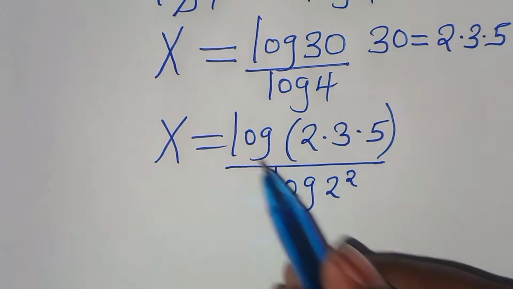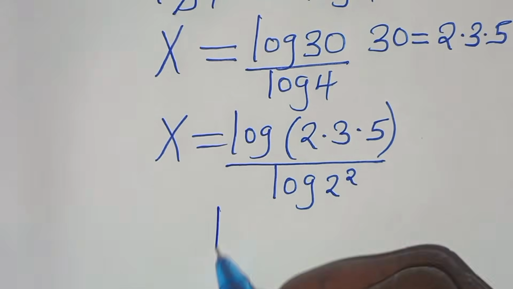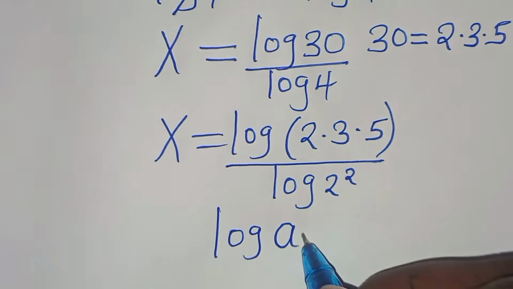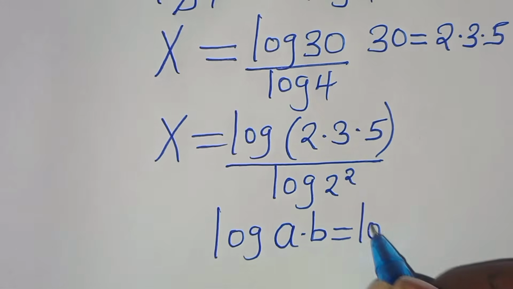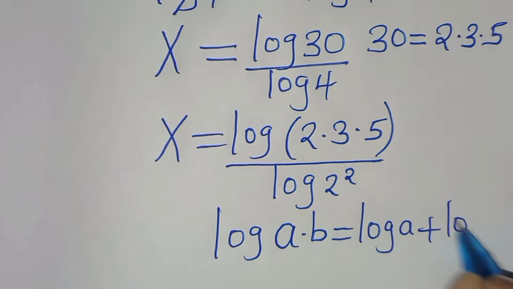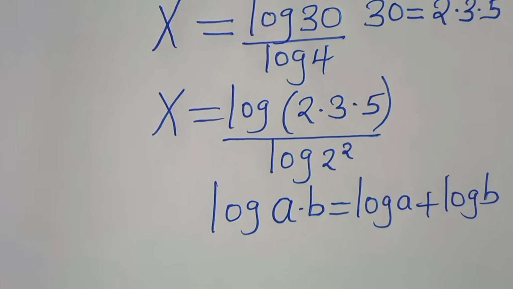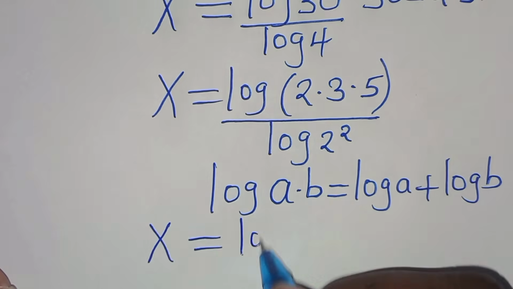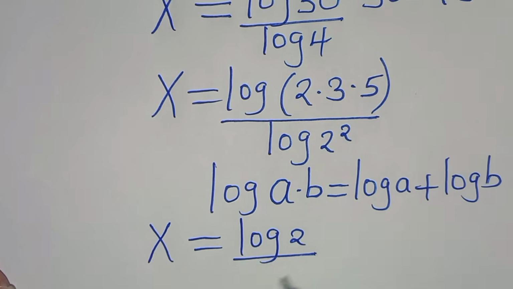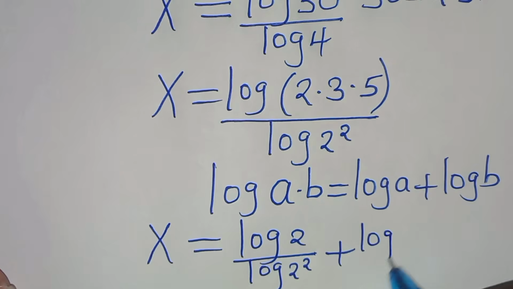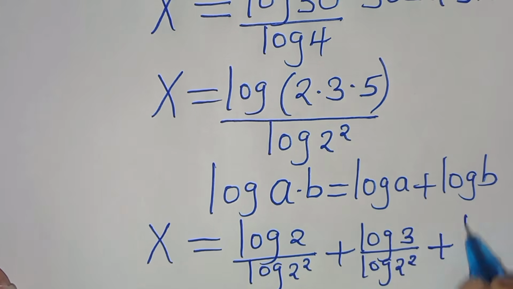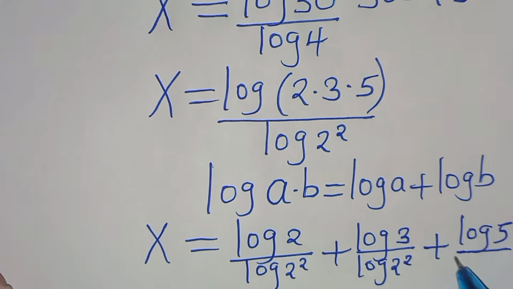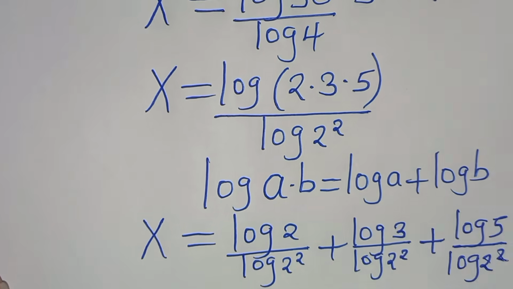The next step is that log of 2 times 3 times 5 is in the form of log a multiplied by b, which can be expressed as log a plus log b. Applying this logarithm property, x is equal to log 2 divided by log 2 to the power of 2, plus log 3 divided by log 2 to the power of 2, plus log 5 divided by log 2 to the power of 2.